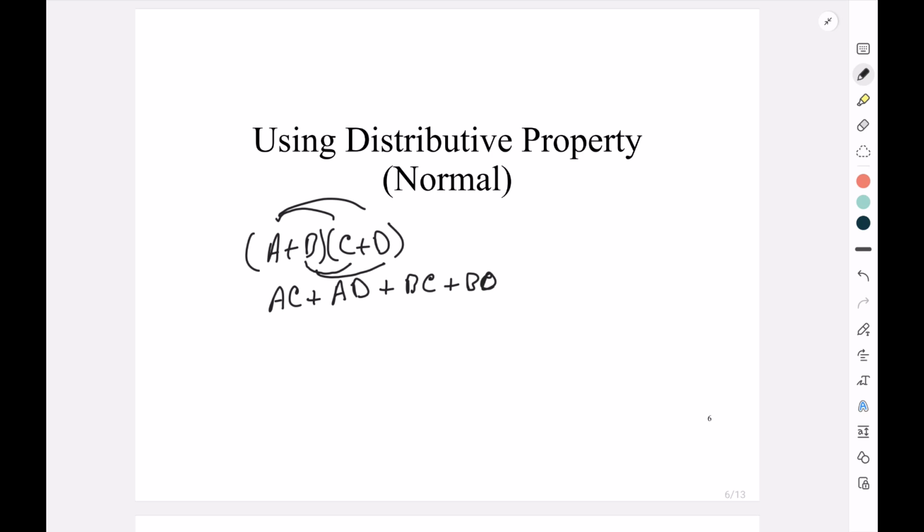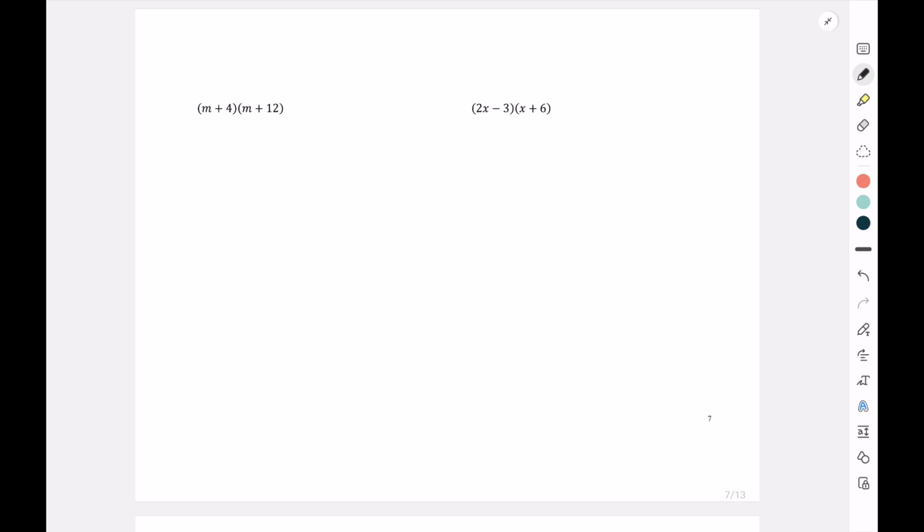And then we're also going to look at a case where we have something like ab plus ac, and we want to pull out what's in common, and we can see that we have an a in common, so our answer would be a times (b plus c), where we're factoring out from that binomial. So let's look at FOILing.